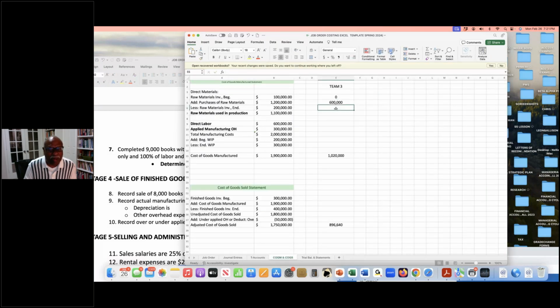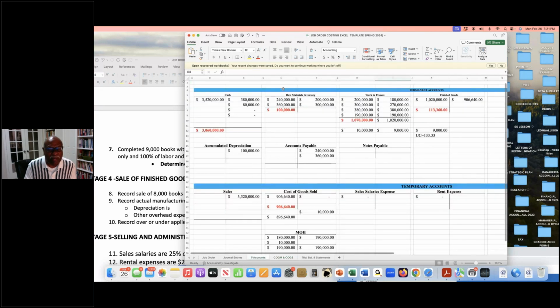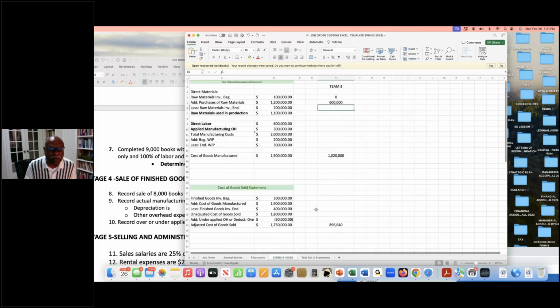How much was the ending raw materials? From the T account, the ending was 100,000, right? Okay. The raw materials used is 500,000.